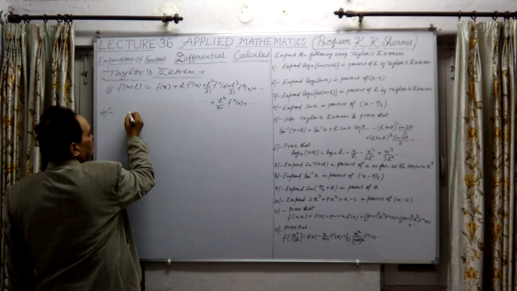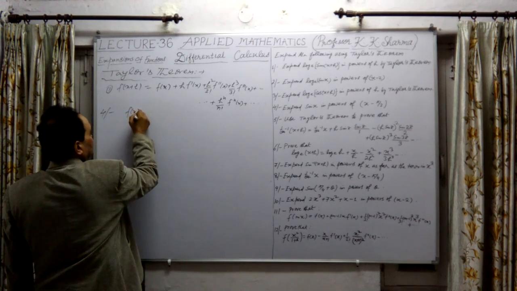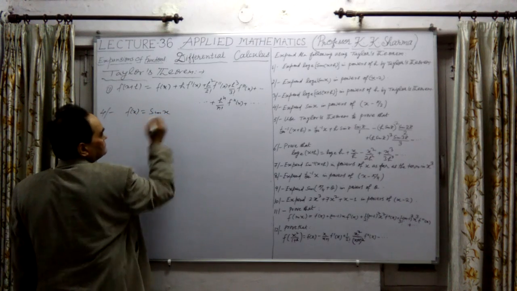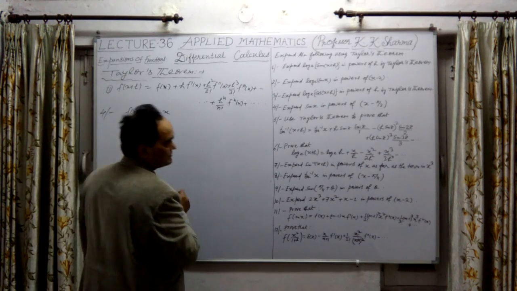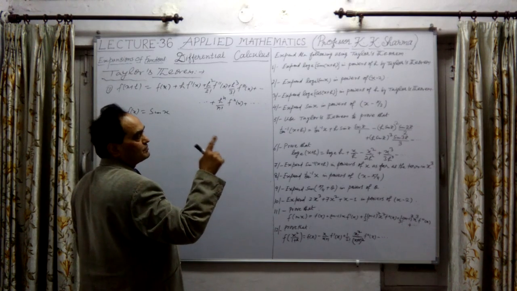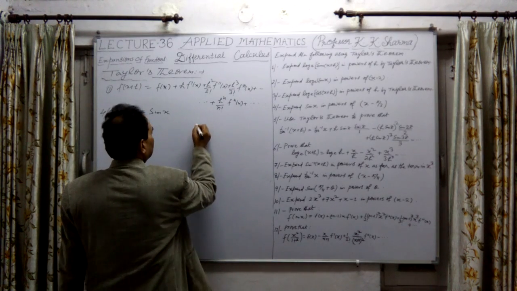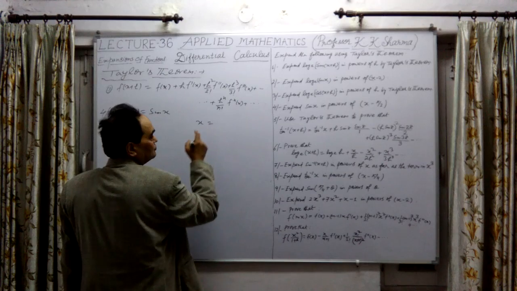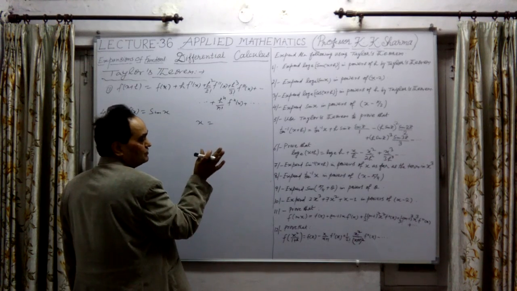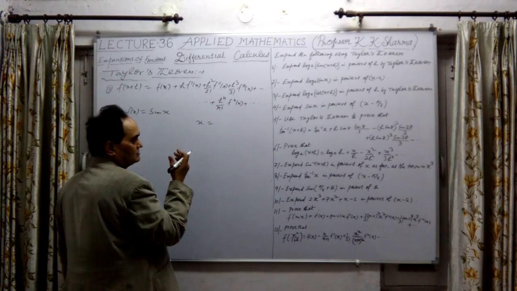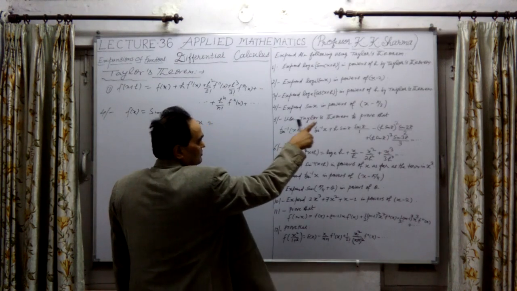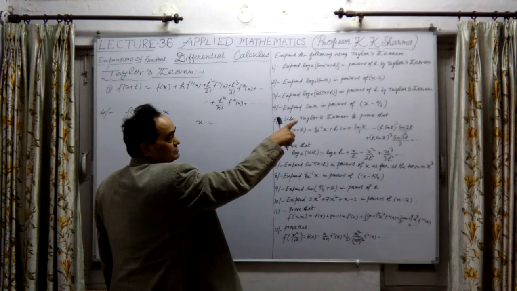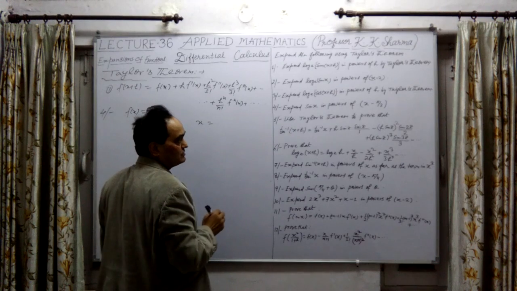Here f(x) is sin x, so let me take f(x) equal to sin x. But it is to be expressed in powers of x minus pi by 2. Because h and x we have to find out, what is h here? The power of this means the h value is x minus pi by 2.